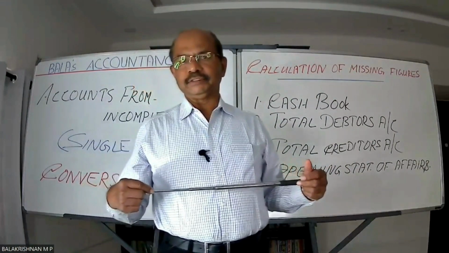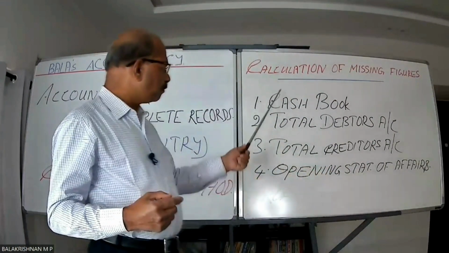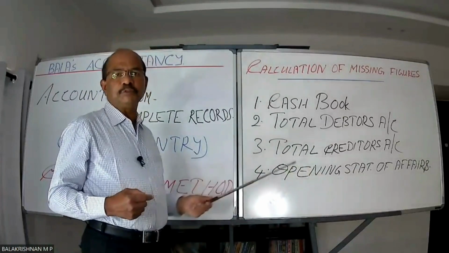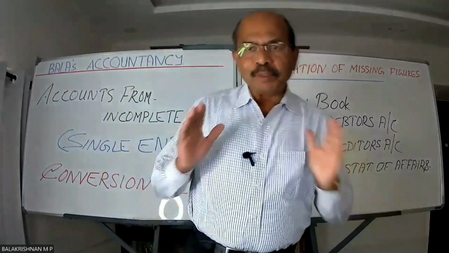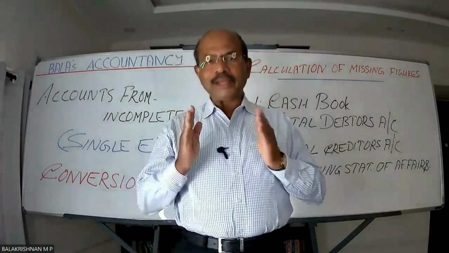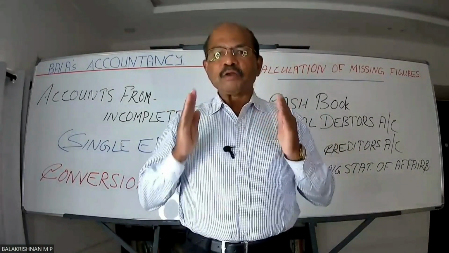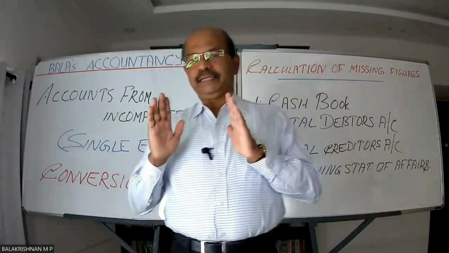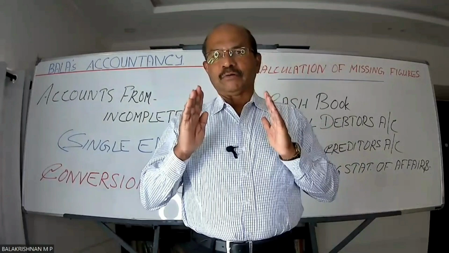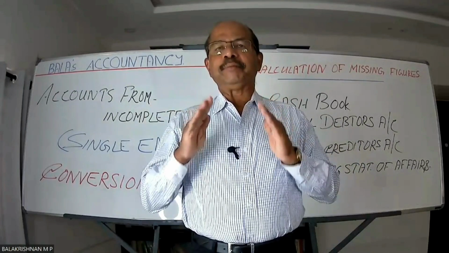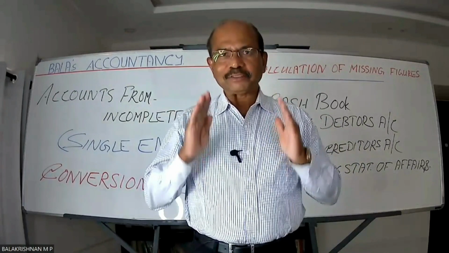At least these 4 are the basic accounts you may have to prepare. In this way, one will be able to calculate a missing figure from a ledger, which in turn will help him to finalize his accounts, or in other words, prepare trading, profit and loss account and balance sheet.